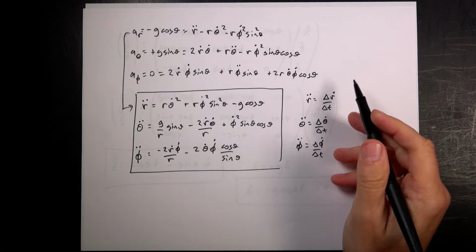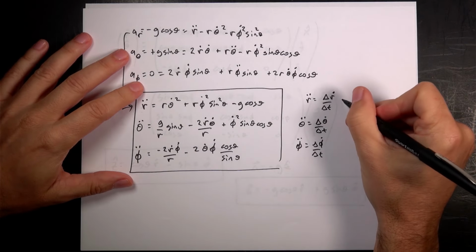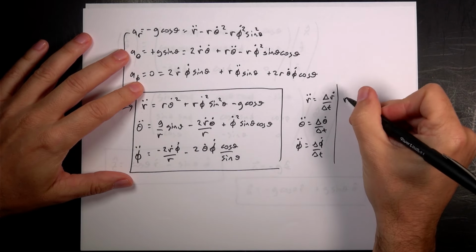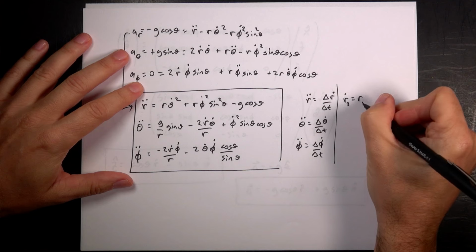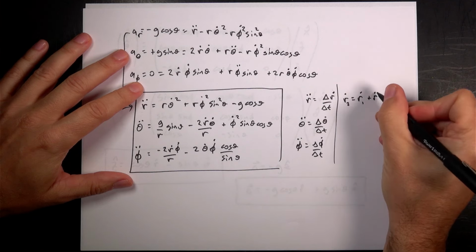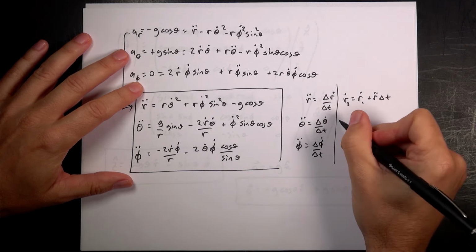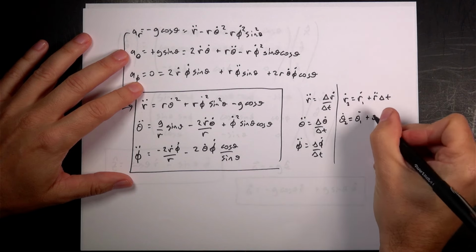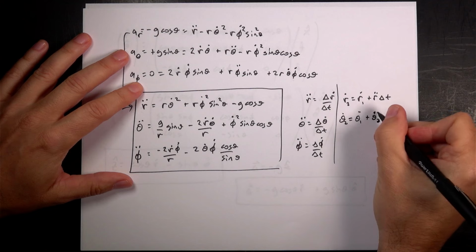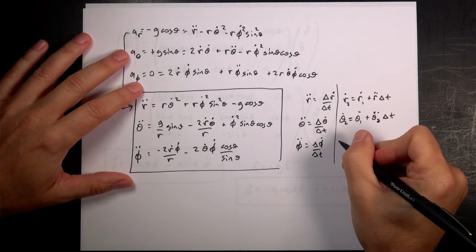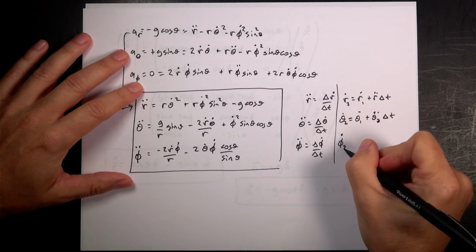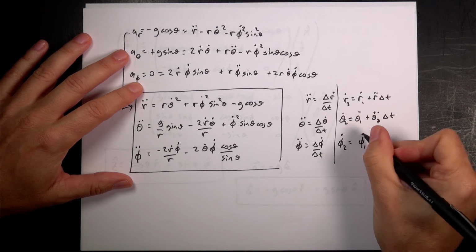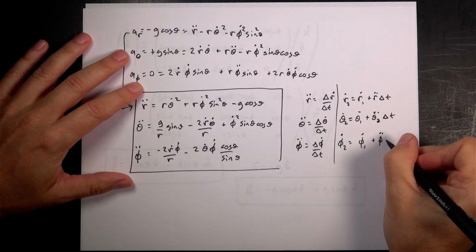And so I can use this to update r dot: r2 dot equals r1 dot plus r double dot delta t, theta 2 dot equals theta 1 dot plus theta double dot delta t, and phi 2 dot equals phi 1 dot plus phi double dot delta t.